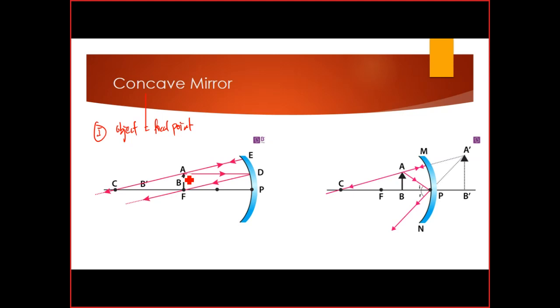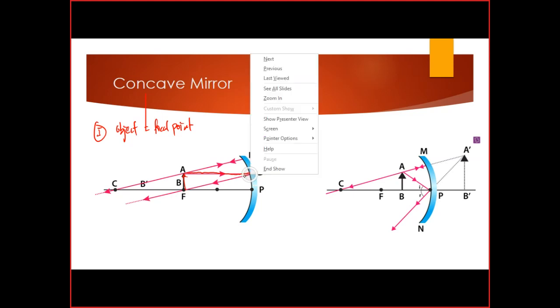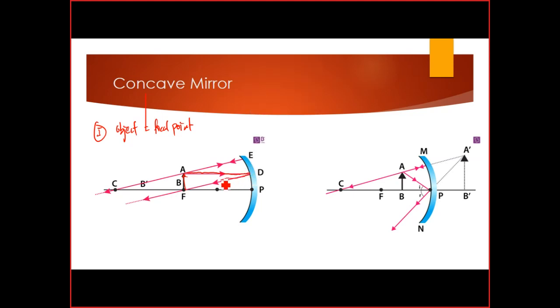This is the object. Use the principle: go to the mirror, and from the mirror it will go to F, and then from the object, it will go to C. And you can see actually these two lines are parallel.